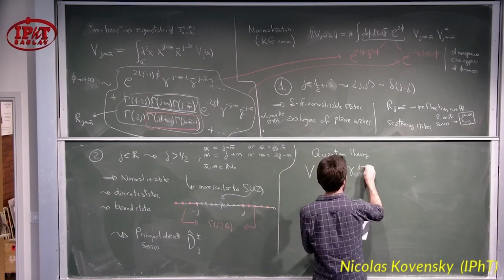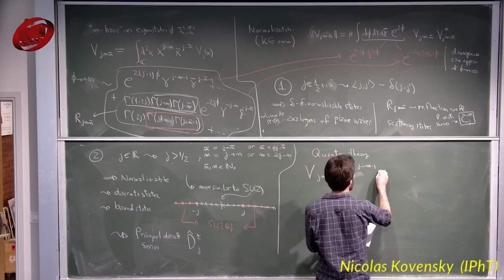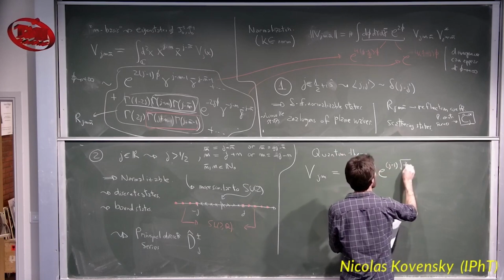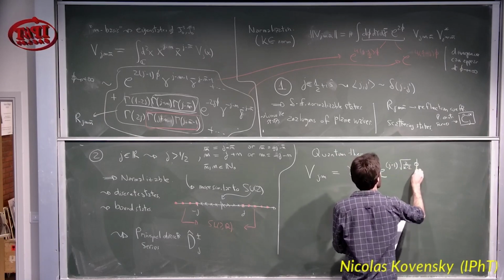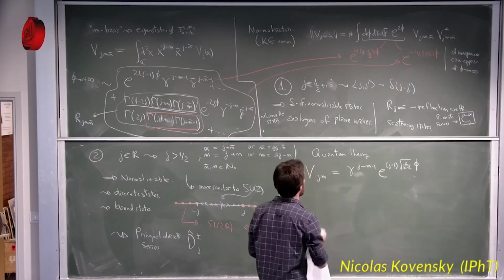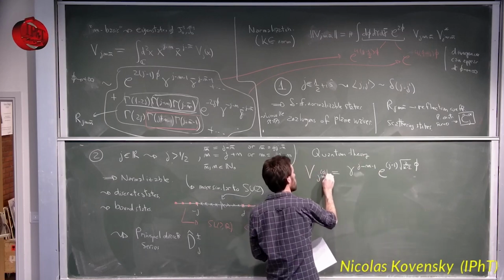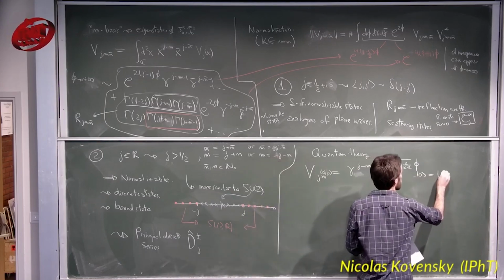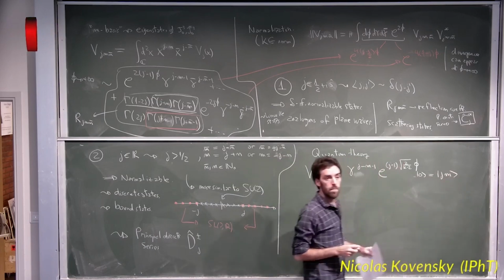You get something like this in my conventions, and something like this. So this is the operator that, when you act on it at 0 on the vacuum, is going to create some state J m.